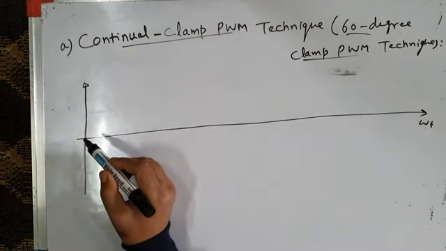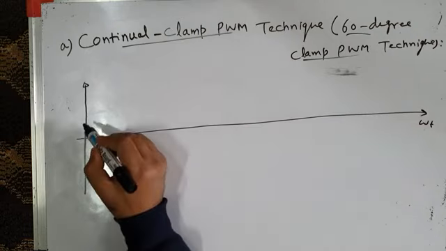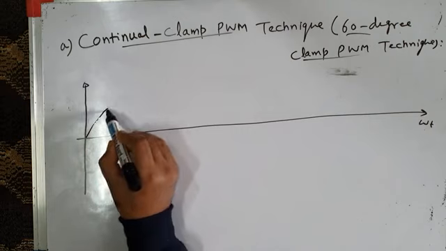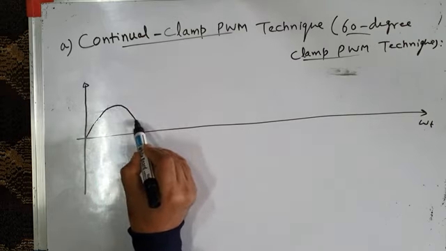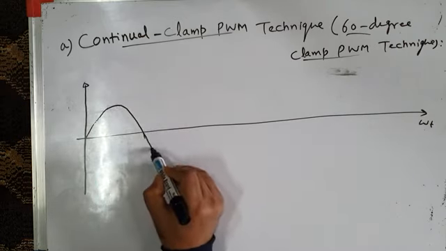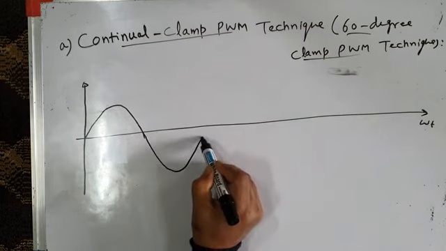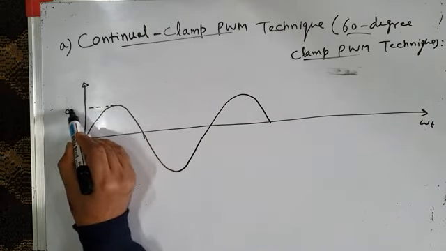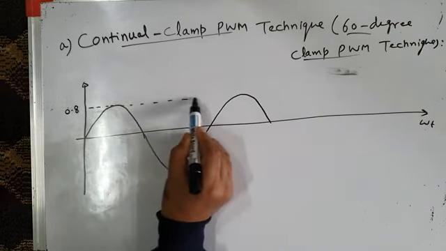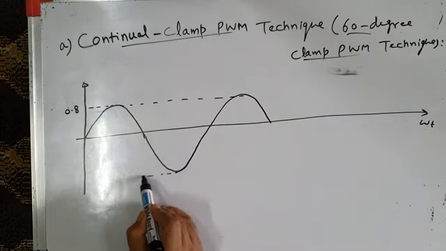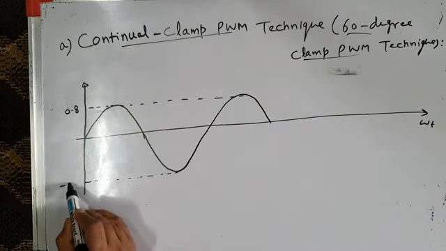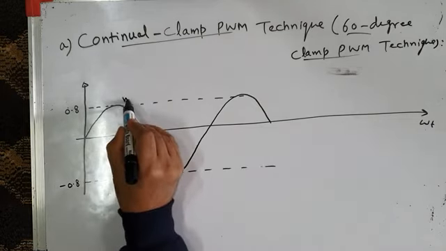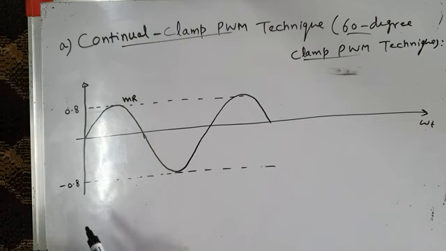Let me draw first the modulating wave MR. Let us assume modulation index is 0.8. So its positive peak is plus 0.8, negative peak is minus 0.8. So this is my MR, the original modulating wave.